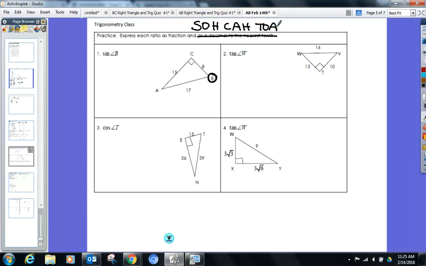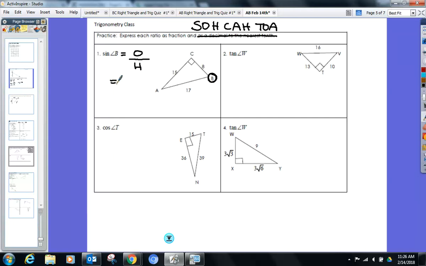I'm looking for what ratio again? Sine ratio. So according to Sokotoa or your packet in the previous page, what's sine equal to? Opposite side over hypotenuse. From what angle? B.